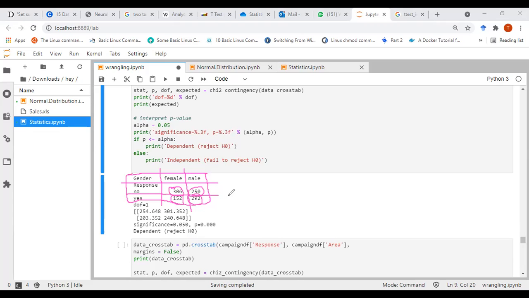Okay. So in this case, what is the purpose of this? Can you determine the null hypothesis in this case? There are no numbers here, right? I have two string variables. One is the gender, the other is the response. So what could be the null hypothesis here? Can anyone tell me?